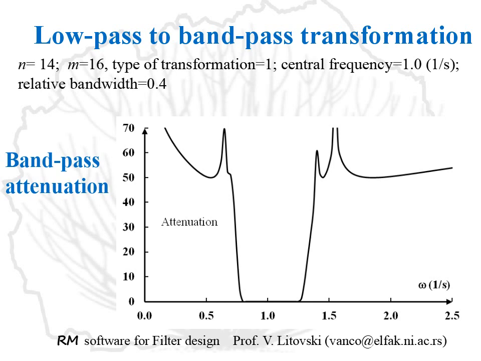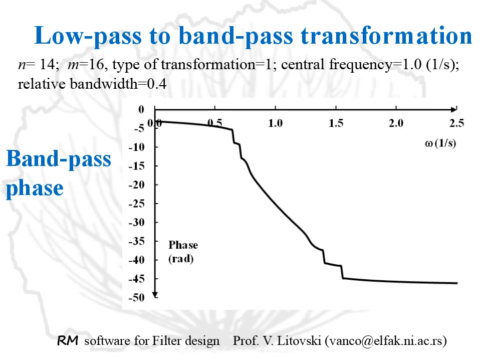The difference between arithmetic and geometrical symmetry will diminish if the relative bandwidth is decreased. This is the phase characteristic of the bandpass filter obtained by the transformation.